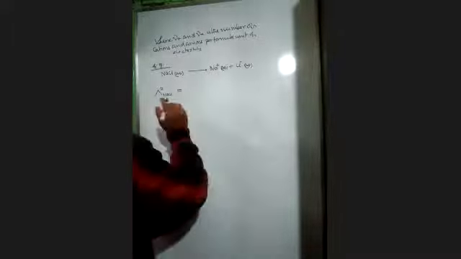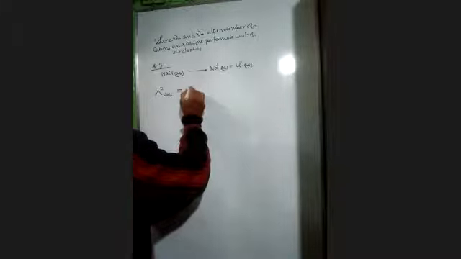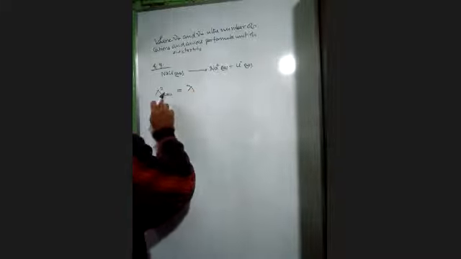Limiting molar conductivity of sodium chloride. See here, how many ions do you have here? Sodium, 1 ion per mole. Sorry, not per mole. Per formula, 1 and 1. So in that case, what do you write now here? See, this is for the molecule, this is for the ion.